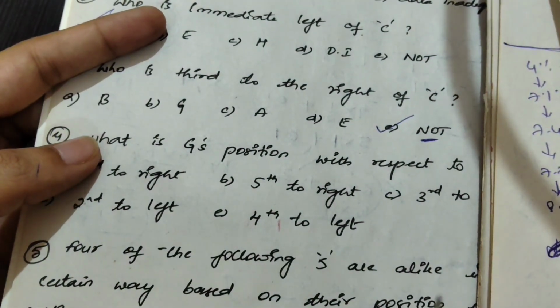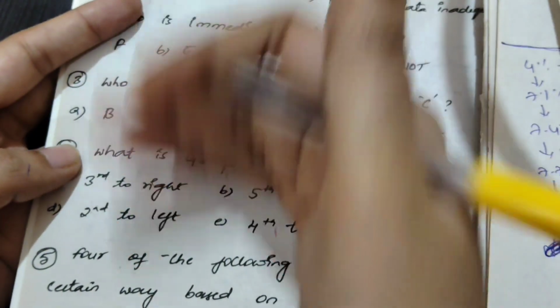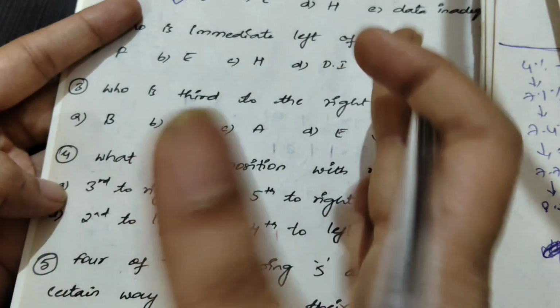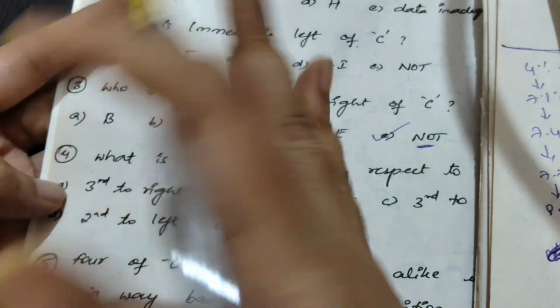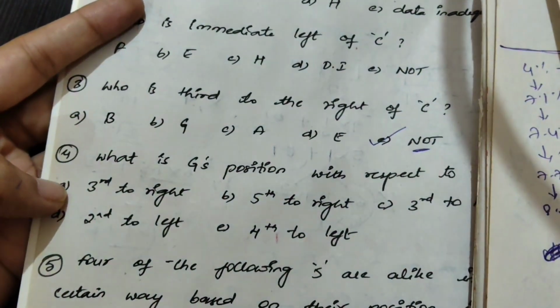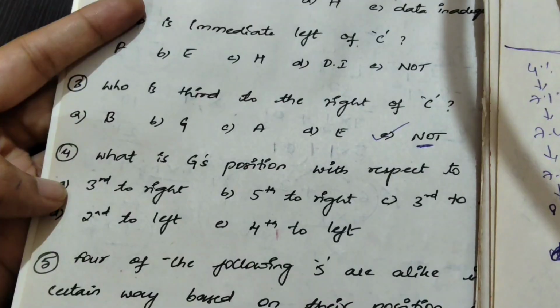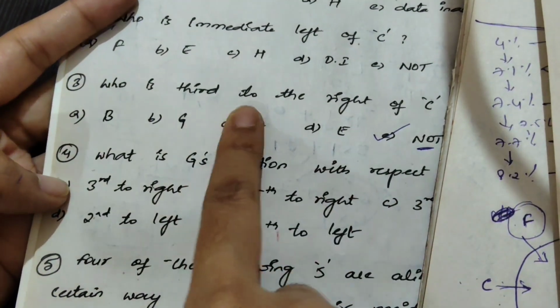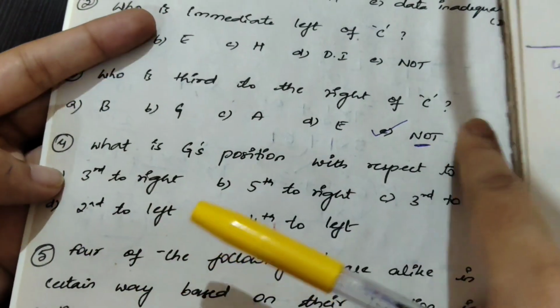Definitely you will see these patterns in these 5 questions. 3 will be direct, 1 will be with position, right or left or clockwise or anti-clockwise. Fifth will be 4 similar, 1 different. Now 3 are easy, like in 2 seconds we will answer.